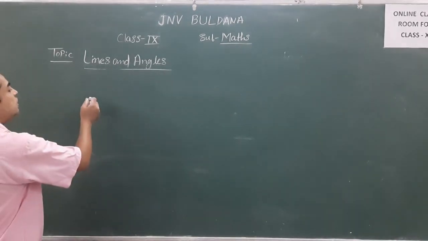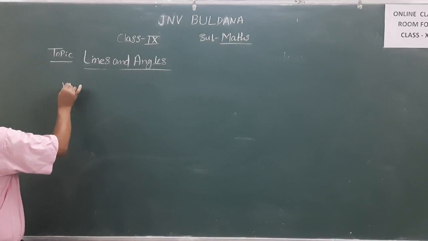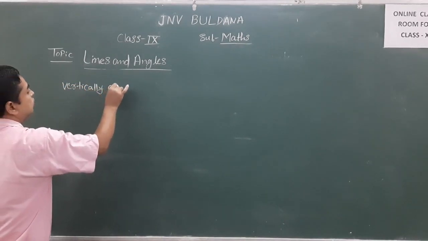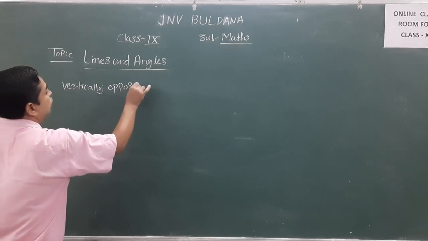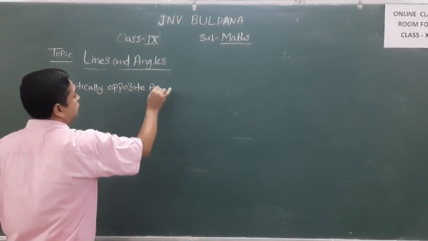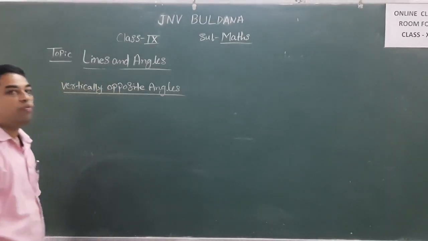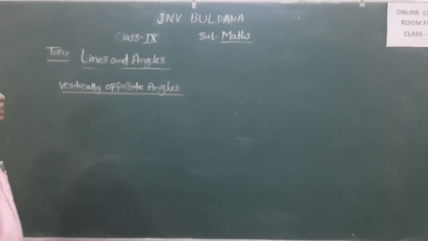After that, we will start vertically opposite angles. What are vertically opposite angles? All these we are talking about are pairs of angles. When do vertically opposite angles form?